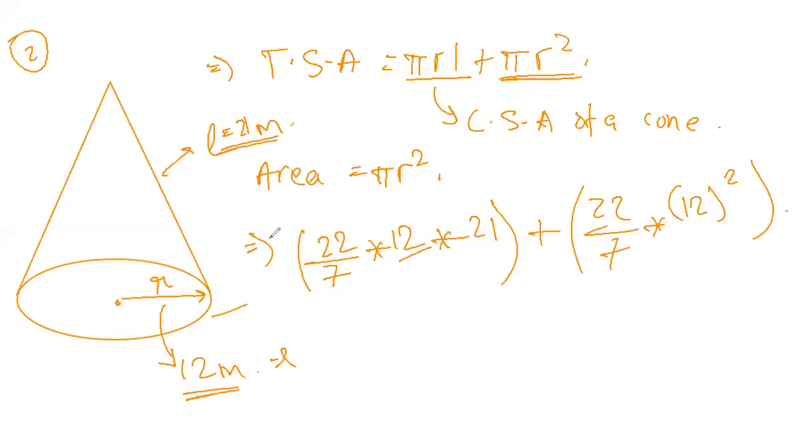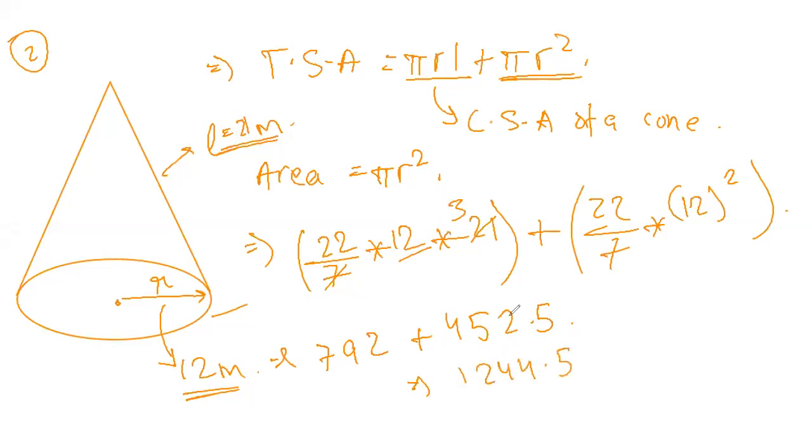So we'll start with the calculation. 7 1s are 7, 7 3s are 21. And by solving on a calculator, we get the answer as 792 plus 22 into 12 square divided by 7. By calculation, we get 452.5, so 792 plus 452.5 is 1244.5.